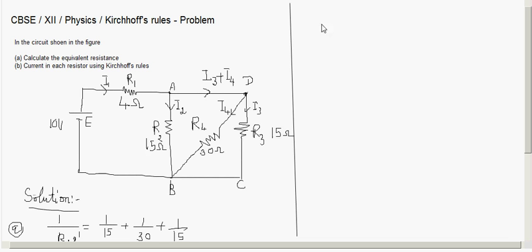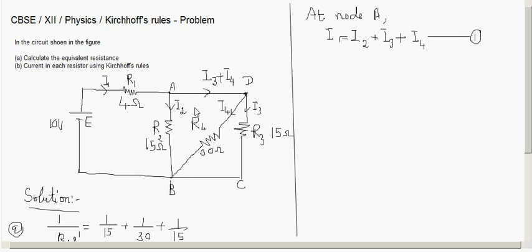At node A, I1 is equal to I2 plus I3 plus I4. Current entering I1 is equal to current leaving, I2 plus I3 plus I4. Call this equation number 1.